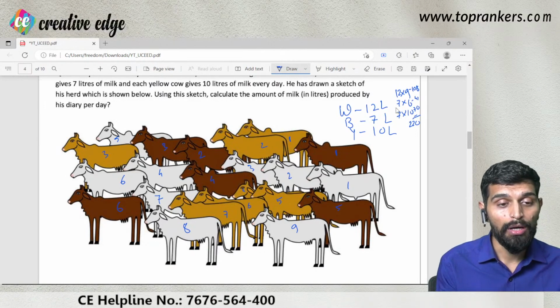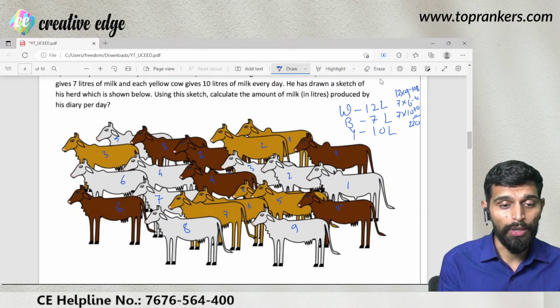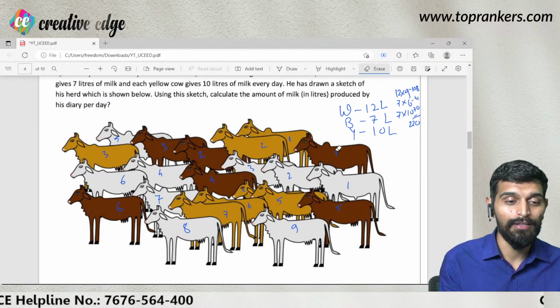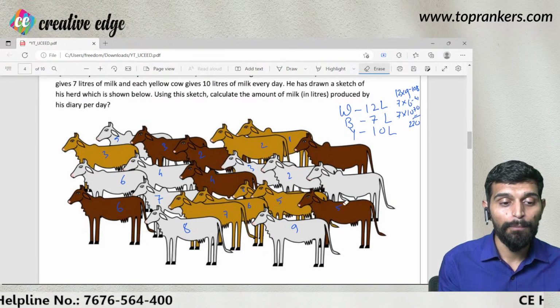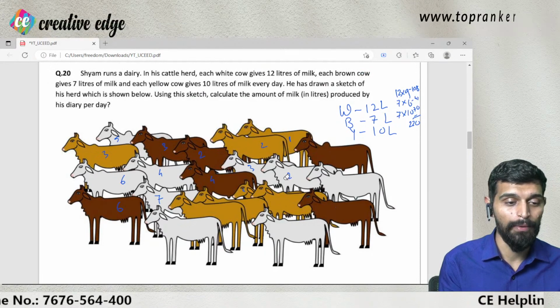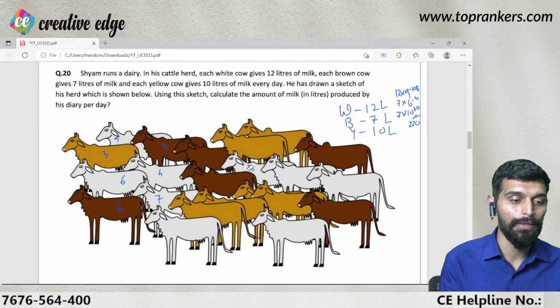So the thing is, we need to identify there are certain male cows, right? So you need not count them. How will we differentiate? By looking at their hump, right?